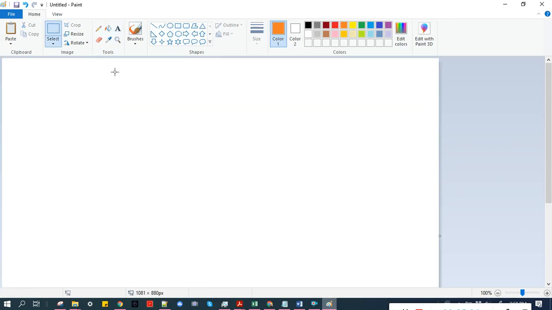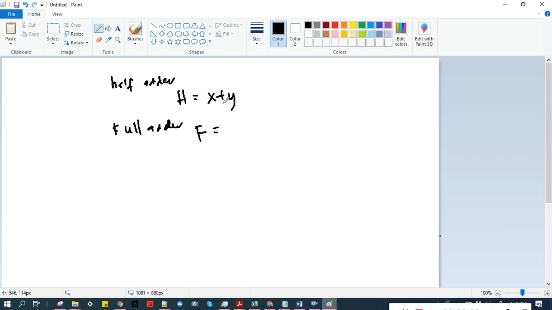So for a half adder, let's call it H, the inputs are just X and Y. For a full adder, the inputs are X, Y, and Z. See the difference?